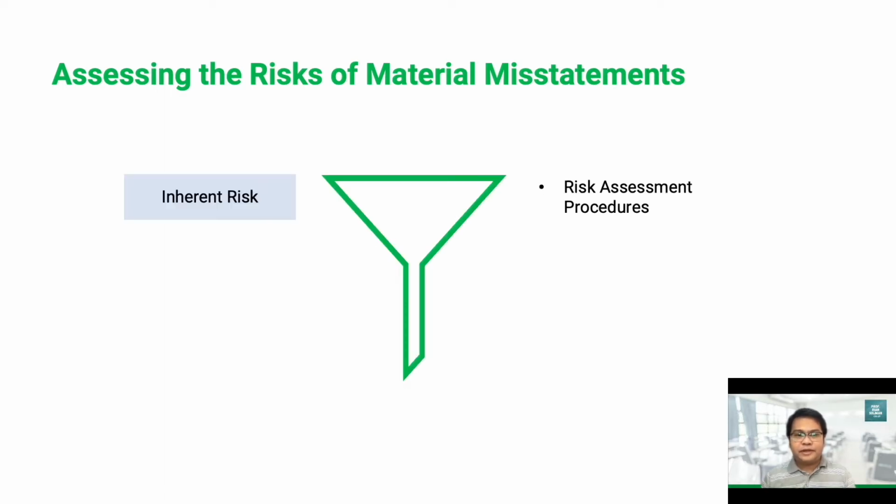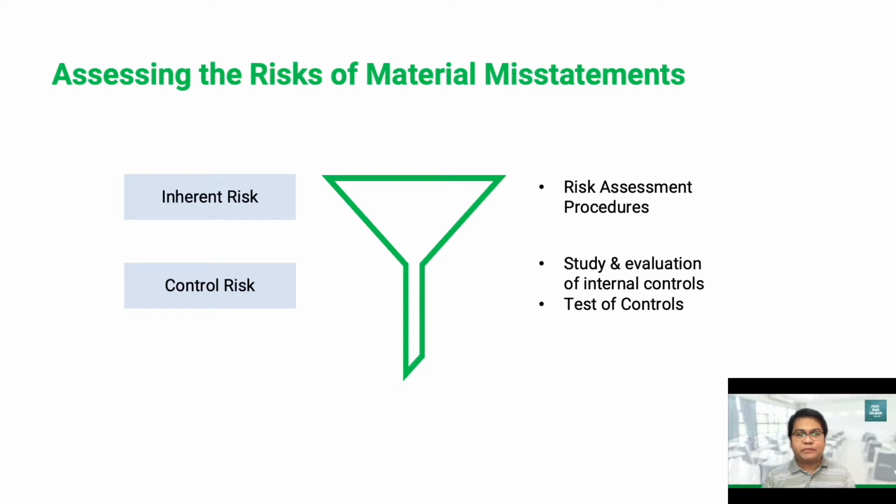So for example, for inherent risk, remember this is the risk that arises from the very nature of the items in the financial statements themselves, even without the intervention of control. That is why, to identify this inherent risk, we perform our risk assessment procedures, our understanding of the business of our client. And then for control risk, these are the risks that arise from the failure of the internal control of the client.